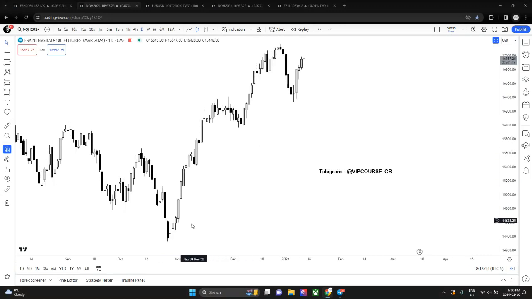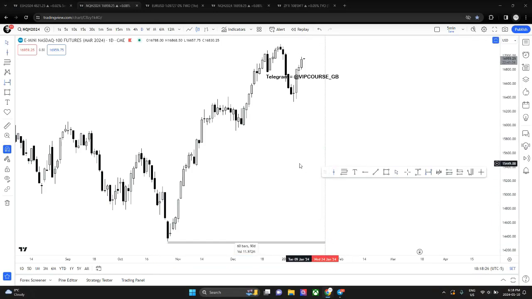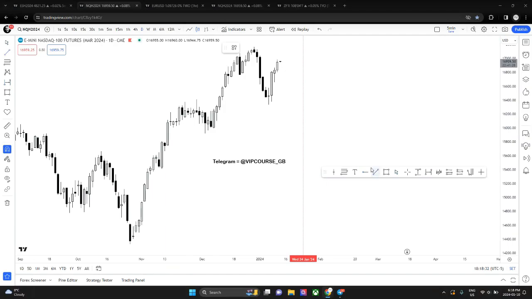Right now we're almost upon that time. Every 60 days, so right here we go. We have buy side liquidity here. This is what I think we're going to see, right?